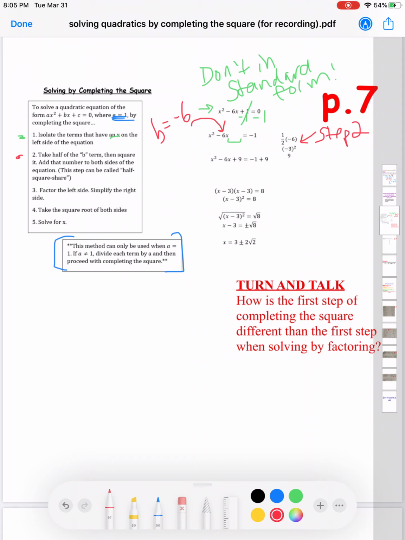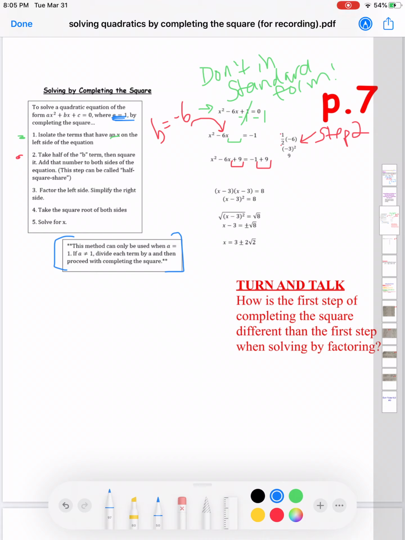So half of -6 is -3. -3 squared is 9. So I took half, I squared it, and I got 9, and now I'm going to share it, which means I'm going to add that number to both sides, because what I do to one side, I must also do to the other side. So in that step, I'm basically introducing a new number on both sides of the equation using half, square, share.